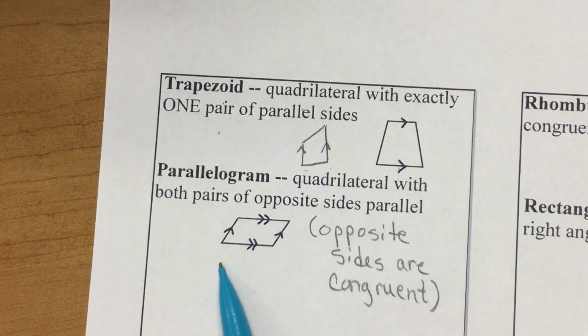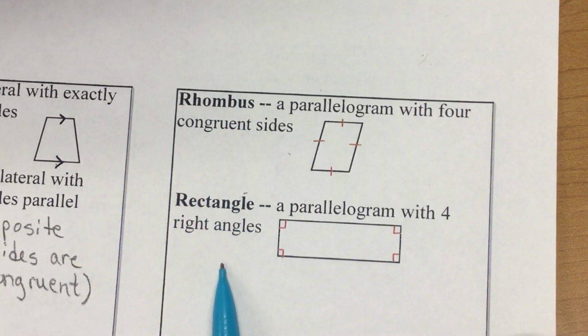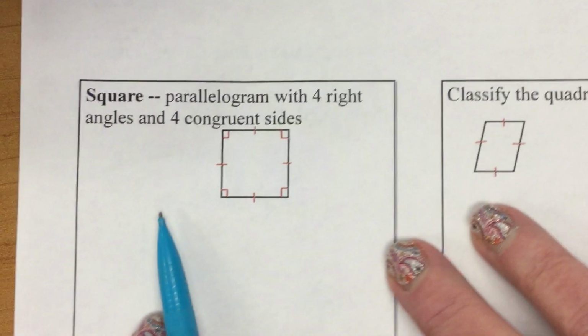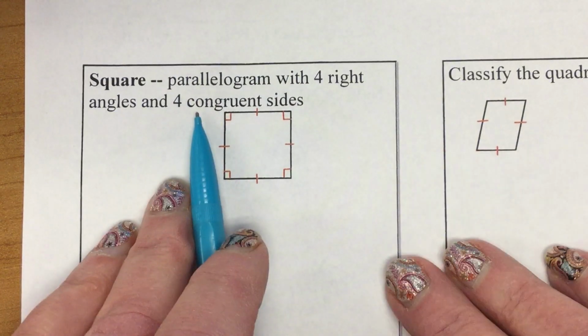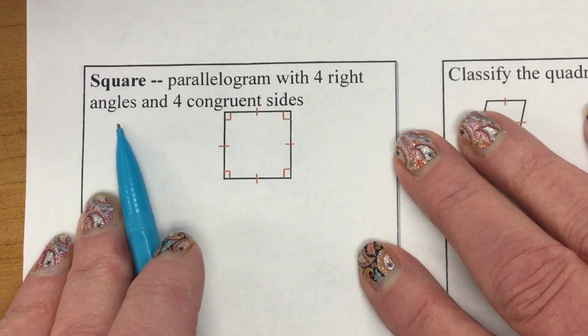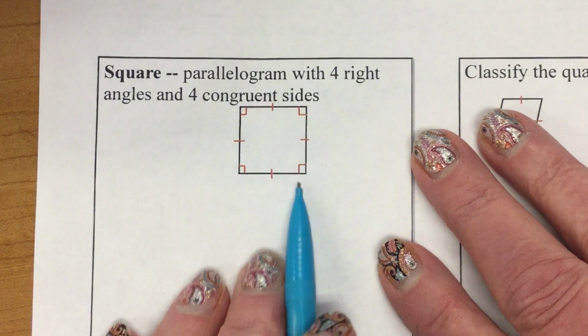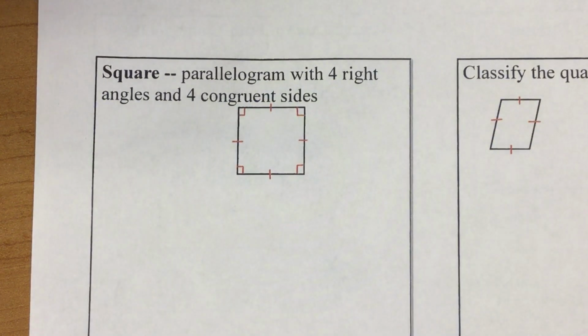Trapezoid, parallelogram, rhombus, rectangle. A square, a parallelogram with four right angles and four congruent sides.